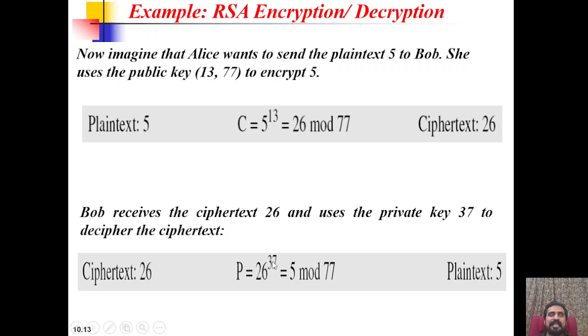In the encryption algorithm on the sender side we use the public key, and on the receiver end we use the private key. So 26 to the power 37 mod 77 returns the plaintext 5.